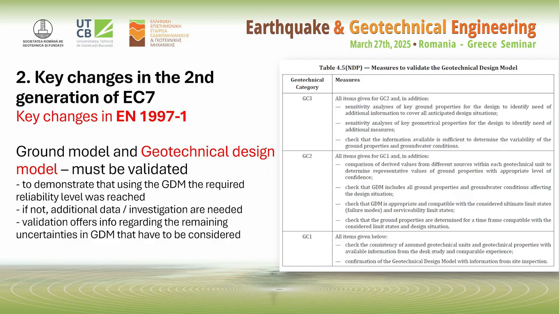And there is something more: both the ground model and the geotechnical design model have to be validated. And here I am giving an example taken from part 1 of Eurocode 7, second generation. What are the measures to validate the geotechnical design model? What is the idea? Why validate?